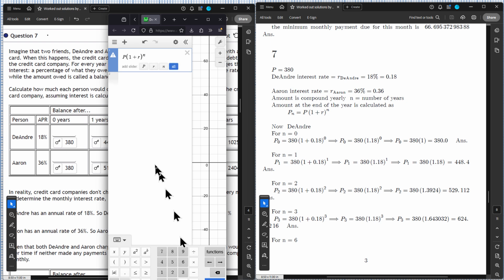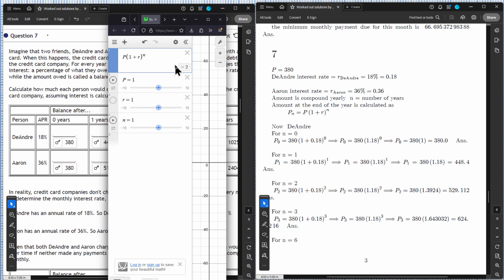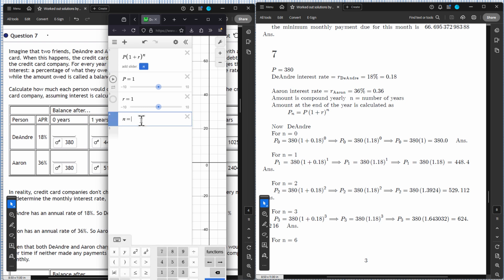I want sliders for all. In this case, when n is 0, my rate here for DeAndre is 0.18, and my P is 380. Enter. And there's your P0 when n is 0.